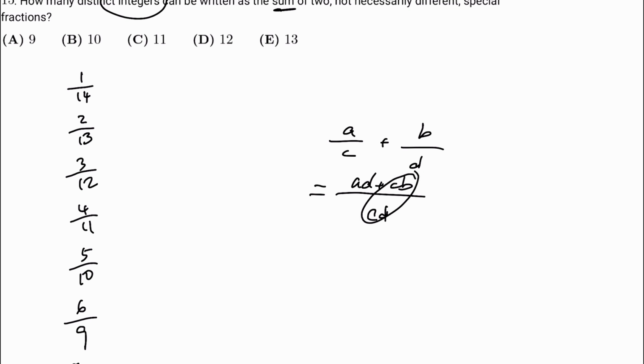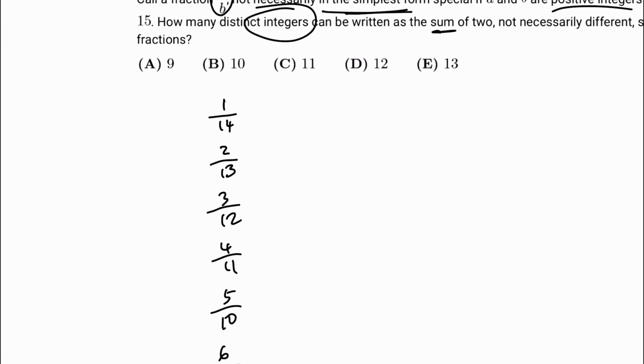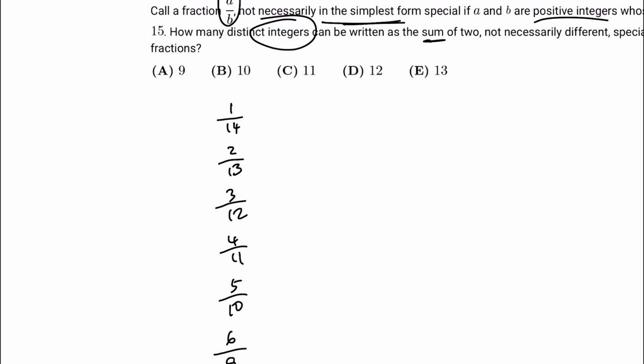But a times d, well, a doesn't have any divisor in c, and d, we can assume, doesn't either. So that will not be divisible by cd, or wouldn't be divisible by c straight up, which means that this cannot be simplified into an integer. Well, with that being established, we can just combine everything with the same denominator. And that is the only way that an integer may be created.